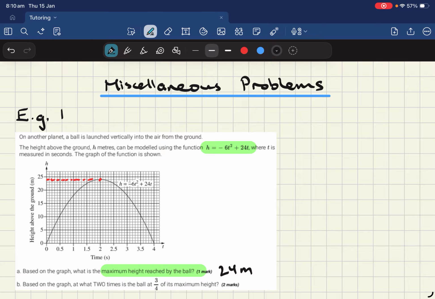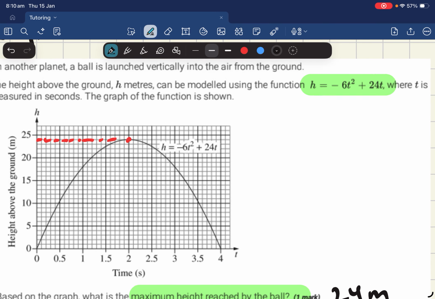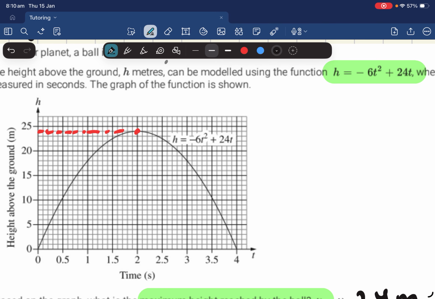Next one is saying, based on the graph, at what 2 times is the ball at 3/4 of its maximum height? So for part B, the max height is 24, so we want to find 3/4 of the max. That gives us 18 meters. We just want to look from the graph, where can we see it being 18 meters? Let me zoom in here. We can see 18 meters is here: 15, 16, 17, 18.